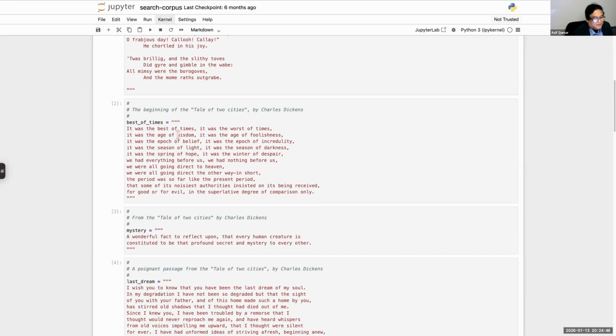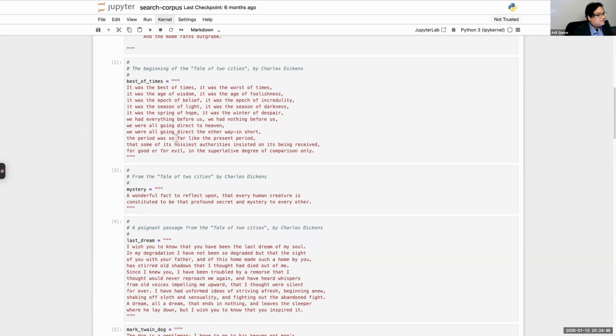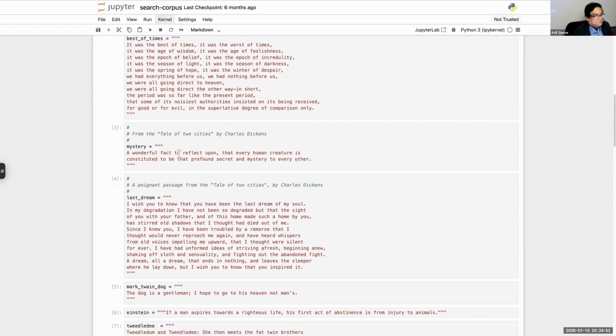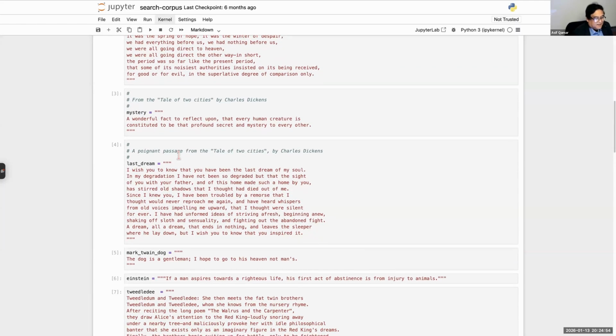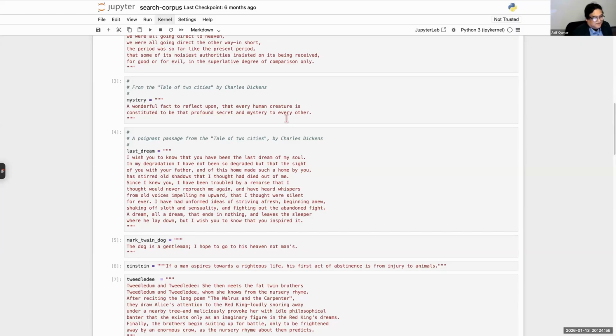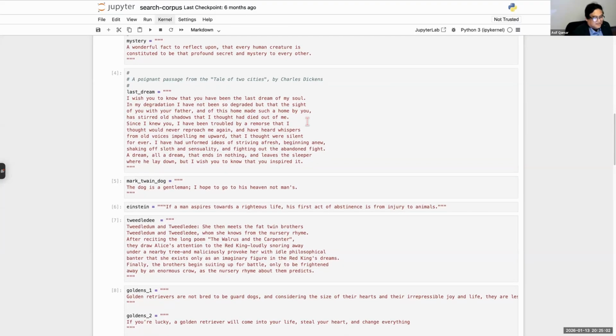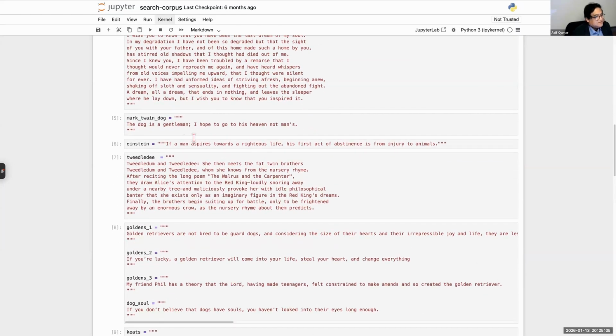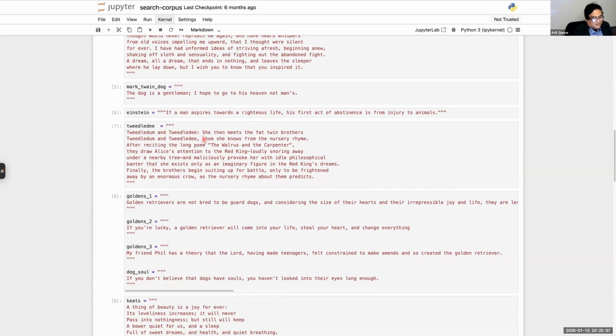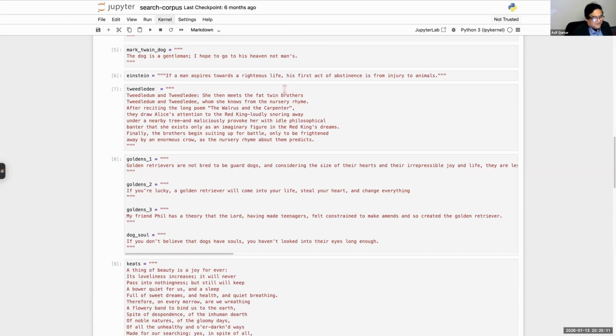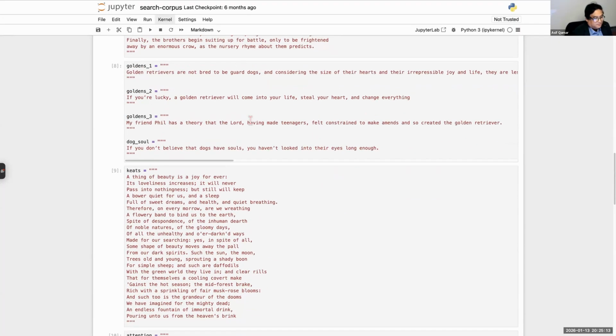Another is a quote from a book called A Tale of Two Cities. It's a famous beginning, "It was the best of times, it was the worst of times." Right? Another is a wonderful fact to reflect upon from Dickens. Another is again from Dickens. Then one is from Mark Twain about dogs. "A dog is a gentleman. I hope to go to his heaven, not man's." Einstein, "Tweedledee and Tweedledum" from Alice.